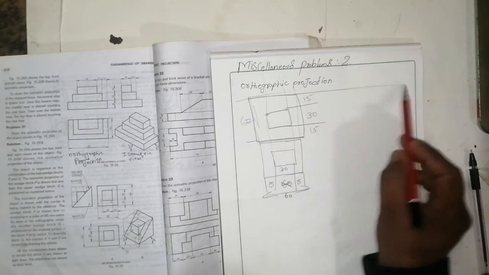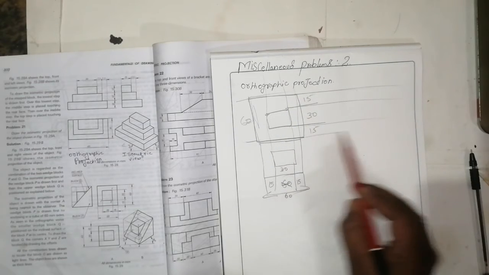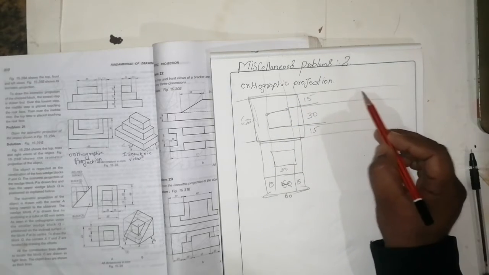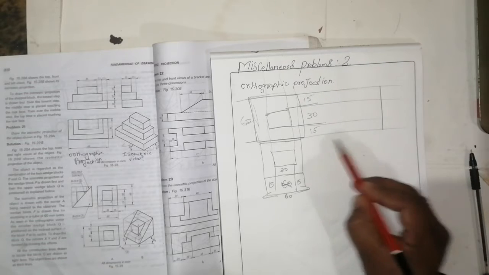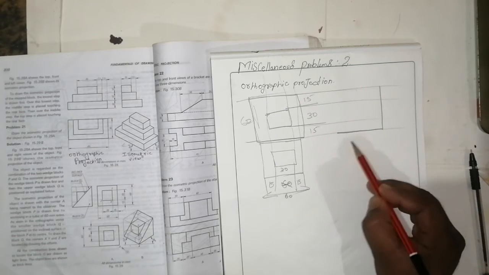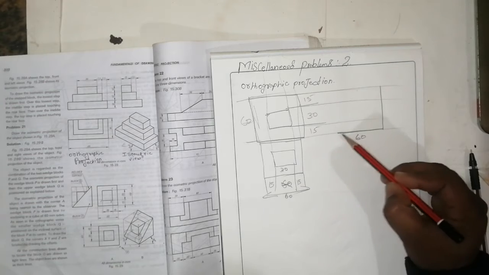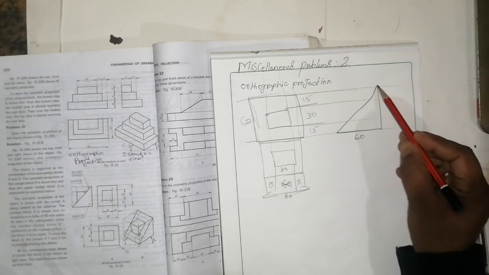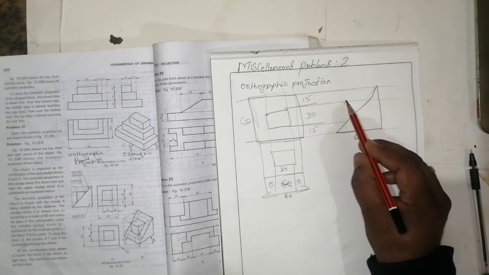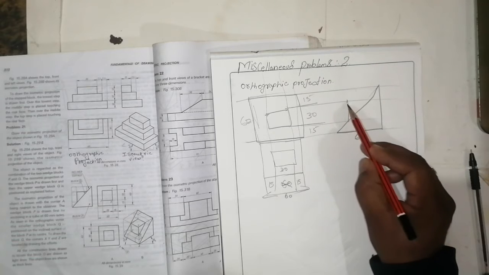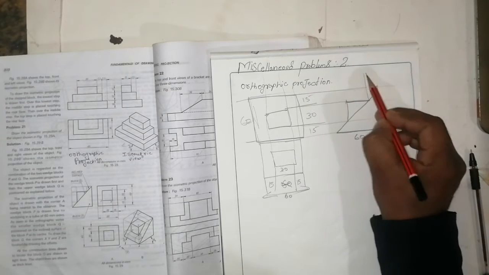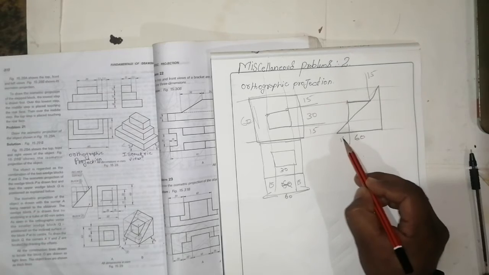In the side view, we have to take a projection line like this. So the side view is given like this. They cut like this. So this position, 15 mm and 15 mm, they have cut here.